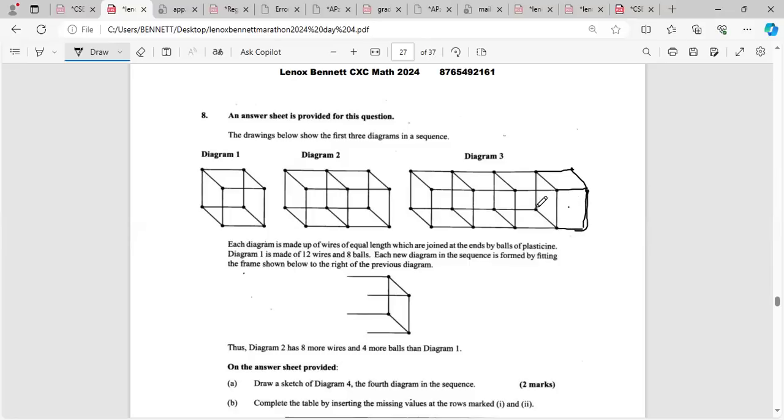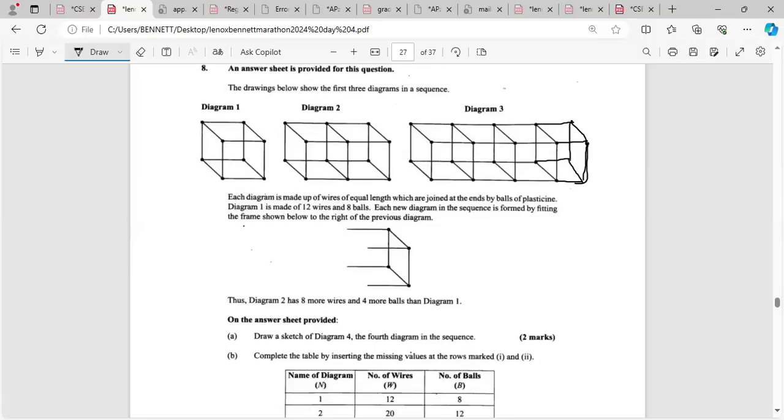We attach this, and then this. Something like that, guys. Right? But they have to share the common point. Remember now, this here is the add-on. So you're going to draw 1, 2, 3, 4, 5. You see? So it should look something like this.